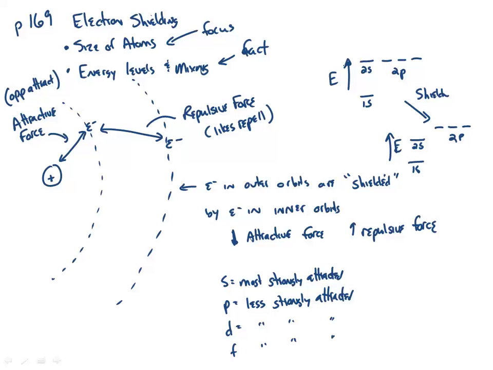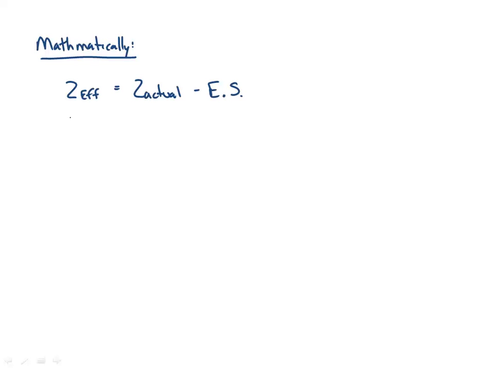That is also going to help explain, for instance, the size of atoms. Mathematically, we can describe this in an equation. The equation that we like to use is Z effective is equal to Z actual minus the electron shielding. Z effective stands for the effective attractive force between the protons of the nucleus and an electron.